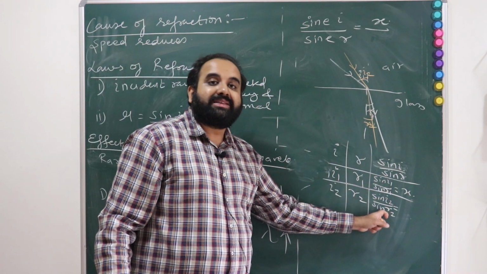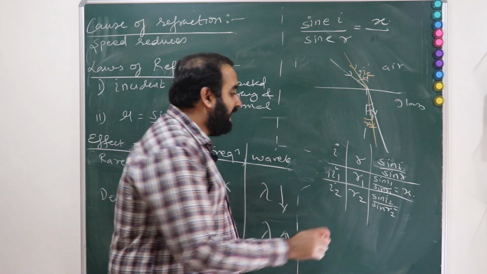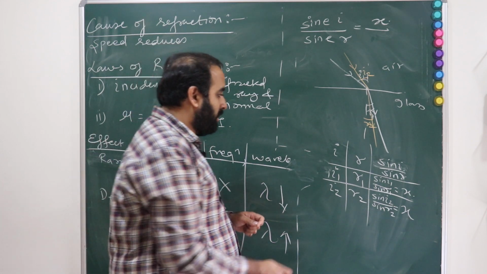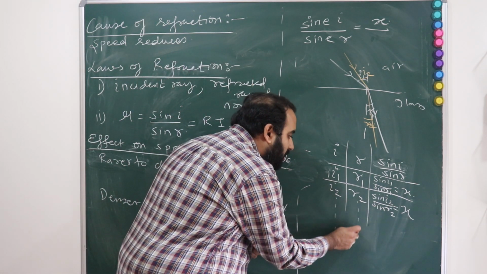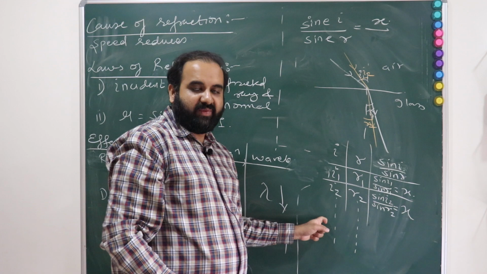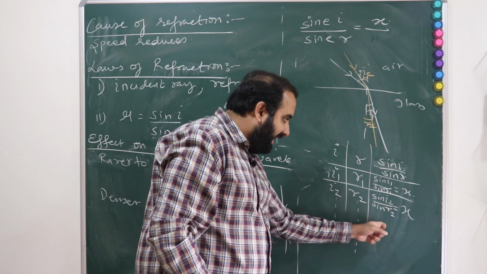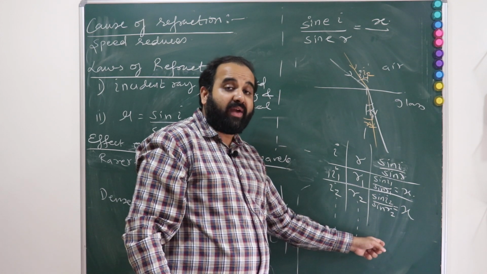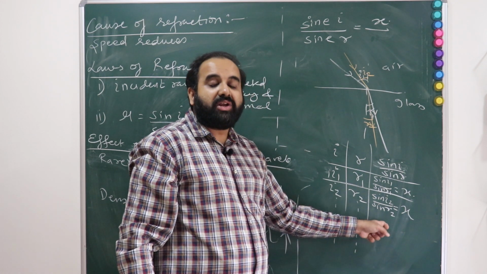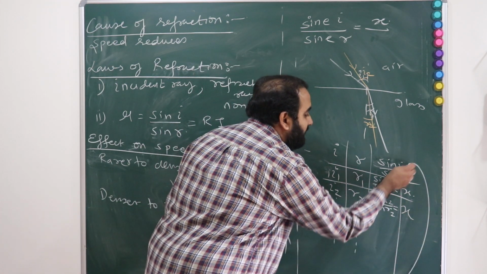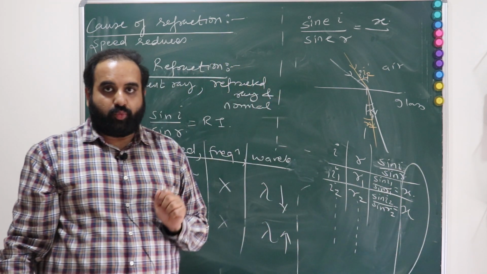When I do this for this next pair of angles, again the value that I will get is x. Means what? For as many angles of incidence where refraction is taking place, if I go on taking the ratio of sine of angle of incidence to sine of angle of refraction, I am going to get a constant value.